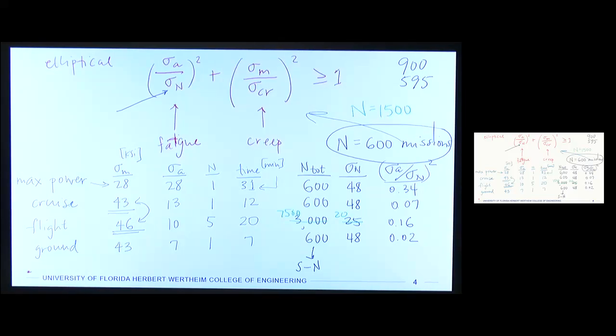So that's 0.25, I believe. Yep. Okay. So we have 0.25 here. So our damage has gone up slightly in terms of the fatigue, not by much, like 0.16 to 0.25. We're still far below 1. But that would be the modification for that first term.